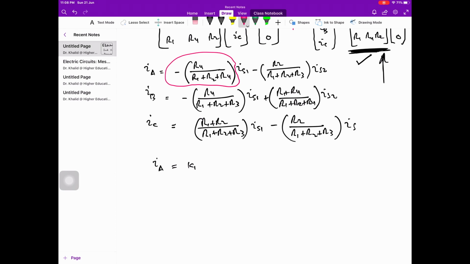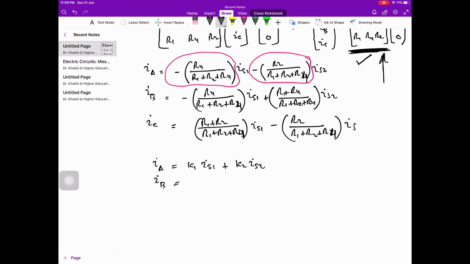K2, the coefficient of IS2, is minus R2 divided by R1 plus R2 plus R4. I think there is a mistake over here. This is R4 and this is R4, sorry for that.